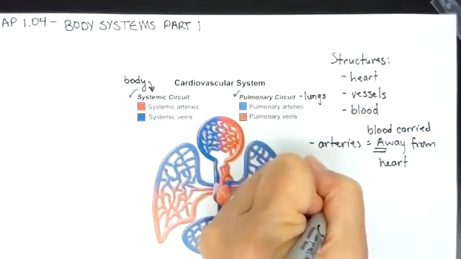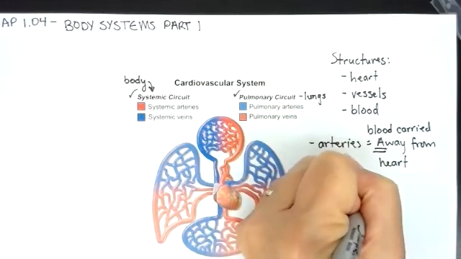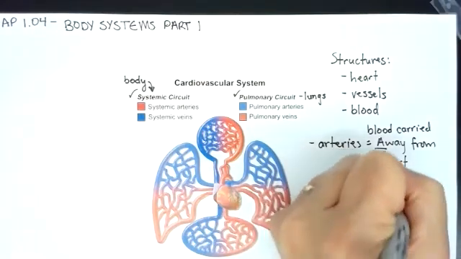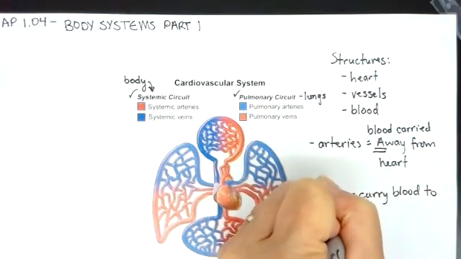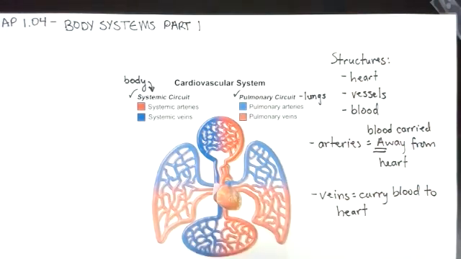Veins, on the other hand, carry blood to the heart. So arteries take blood away from the heart, veins carry blood to the heart.